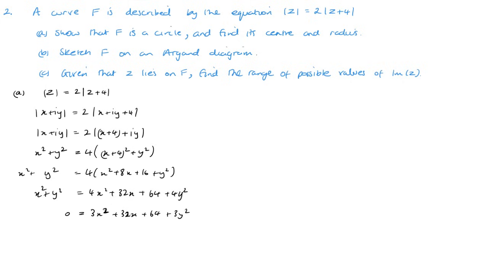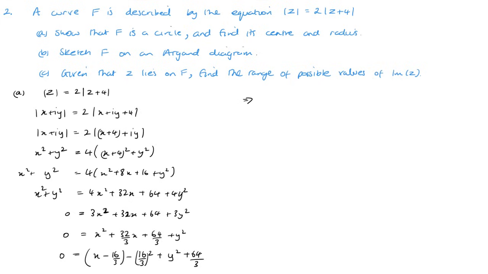Now I need to complete the square. So before doing that, I will divide by 3, just to make my life a little bit easier. So this is now (x + 16/3)² − (16/3)² + y² + 64/3. The y squared didn't have a y term, so I didn't have to worry about that.